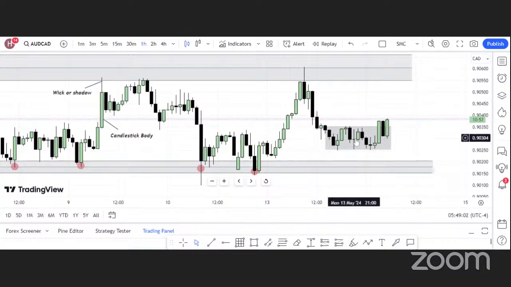So I don't want to go into the advanced level. But let me just break something down here for you. So we have this level, we have this level, okay? And the current market is close to our support level. I'd rather wait for the market to come into the support level before I buy.